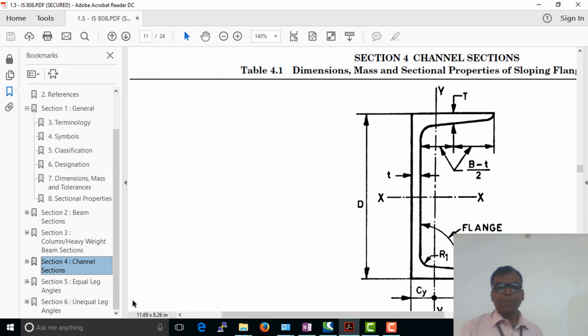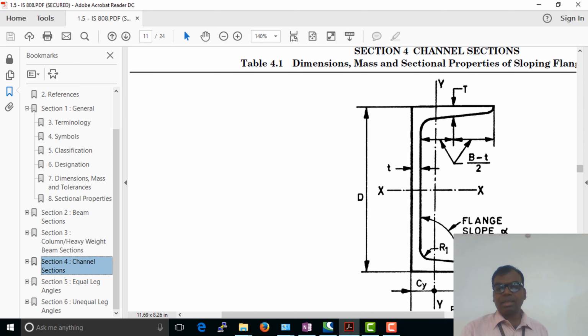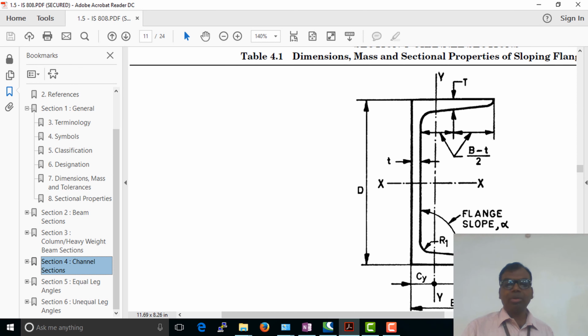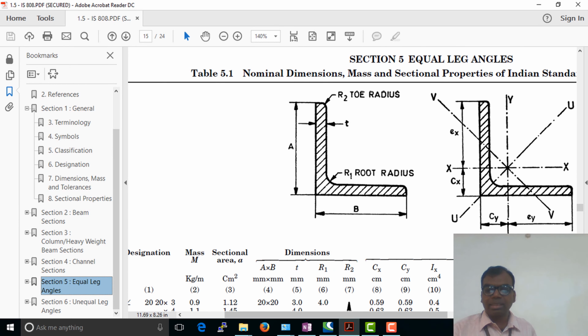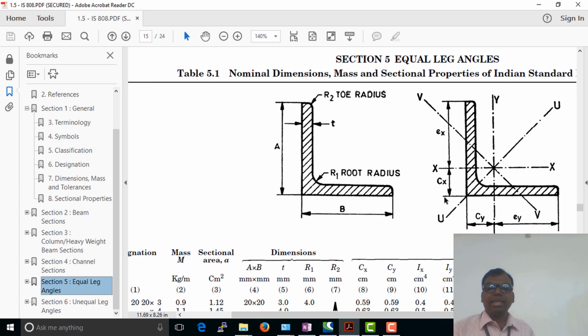Now here in this section, the x-axis and y-axis are given, and you will easily understand that Cy is the distance of the centroid from the edge here. Now I'm coming to the angle section. If you look at the angle section, you have the x-axis and y-axis. These two are the centroidal axis.